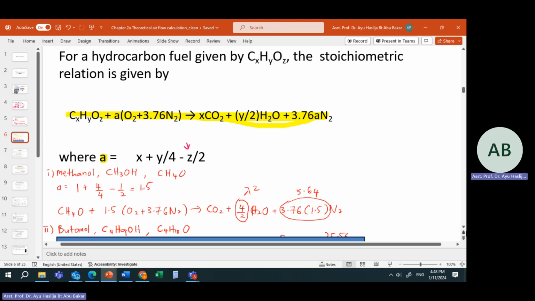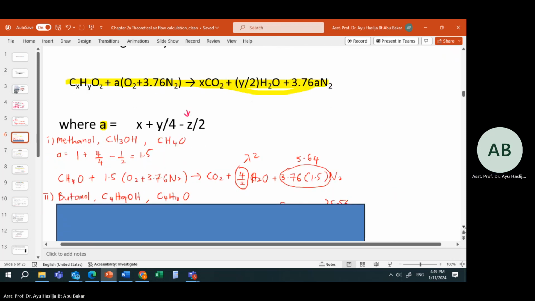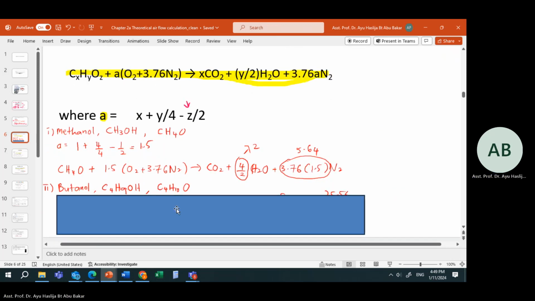Okay, now try for butanol, C4H9OH. So total H is 10.